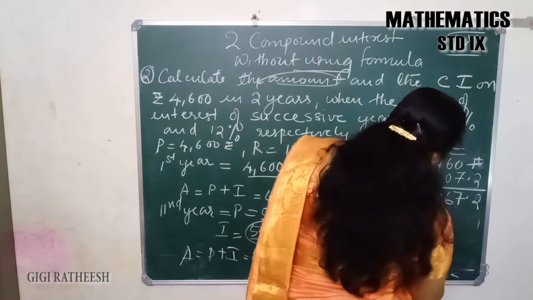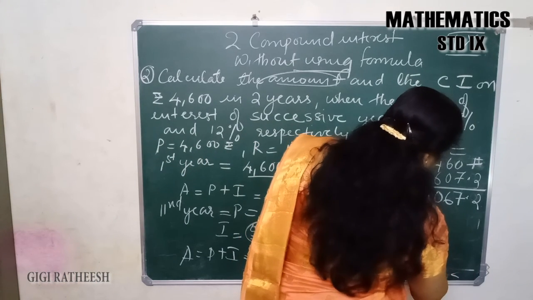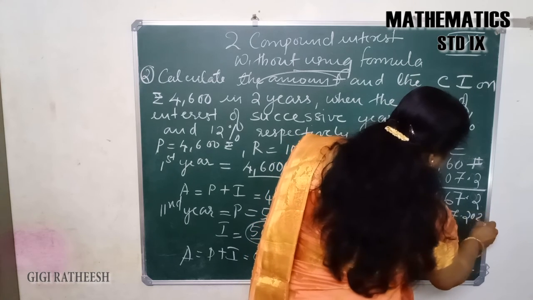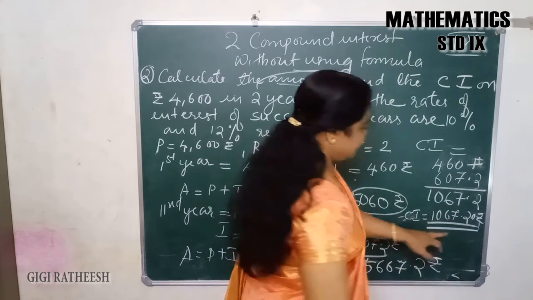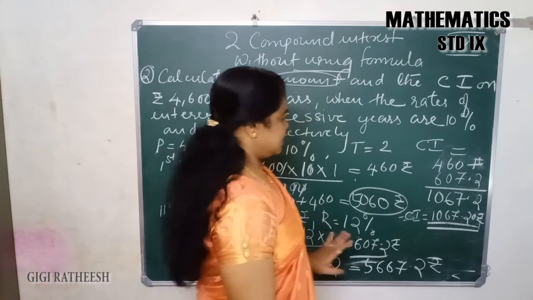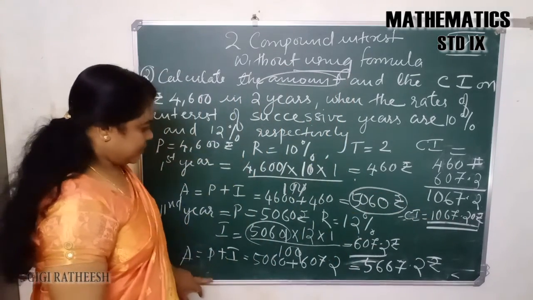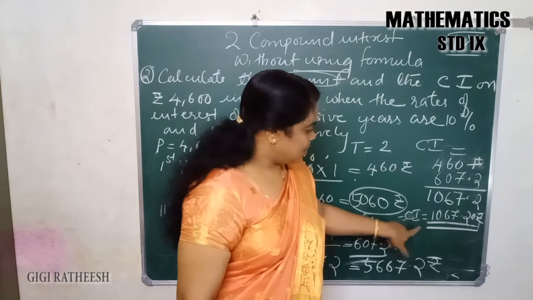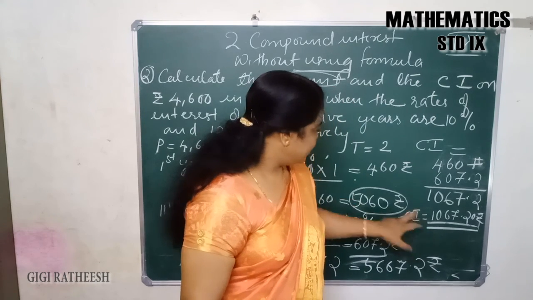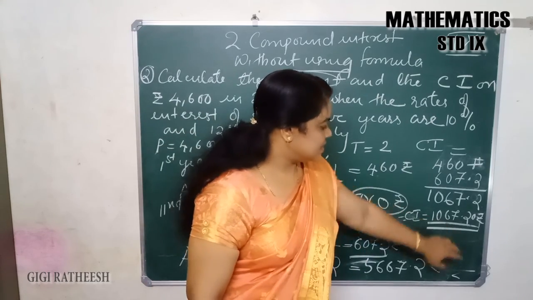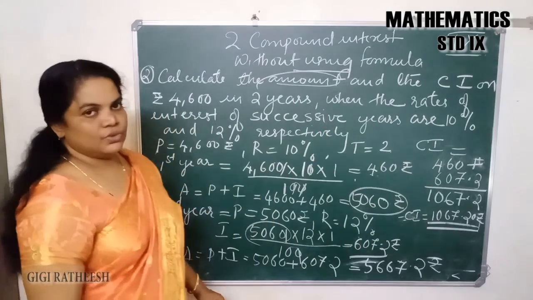We should write it as CI is equal to 1067.20. For a money problem, we should write the zero here, that is 1067.20. This is the compound interest, and the amount is equal to 5667.2 rupees, and the compound interest is equal to interest of first year plus interest of second year, which is 1067.20 rupees.